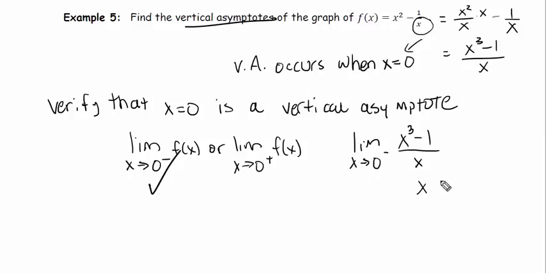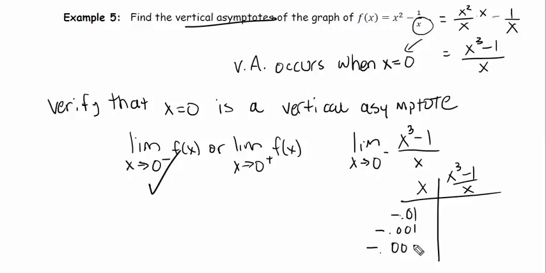So if I make a little table here, then some numbers to the left of 0 but close to 0 might be negative 0.01, negative 0.001, and negative 0.0001. If I substitute these in to f of x, I get 100.00001, 1,000.00001, and well, 10,000.